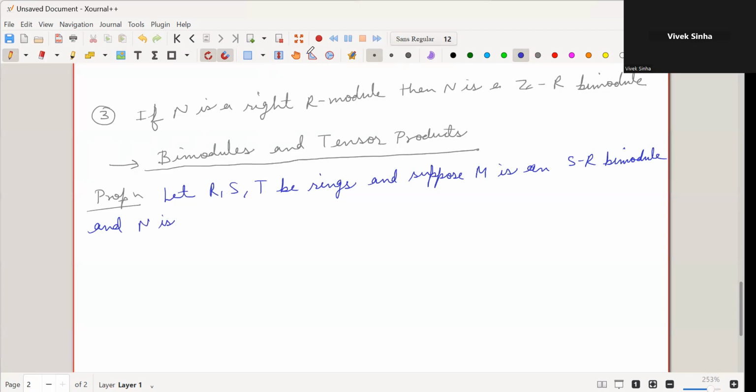So you have three rings R, S, T. M is an SR bimodule. It has the left module structure from S, and it has the right module structure from R.